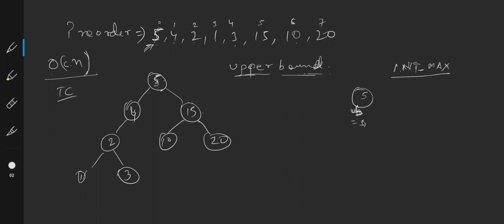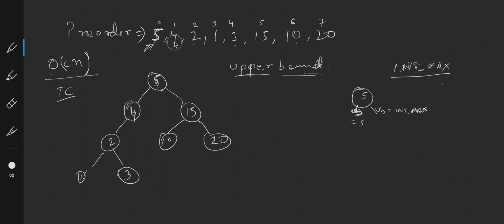For the right subtree still the upper bound is int max only. Why? Because here we can insert anything which is greater than 5, correct? Up to int max. But in the left subtree, the upper bound will be 5 only because in the left subtree we can insert elements which are less than 5.